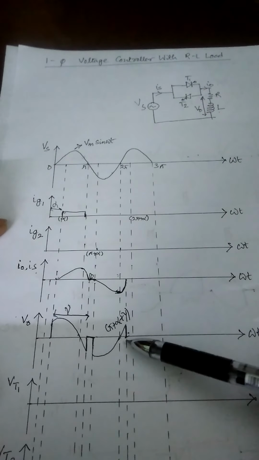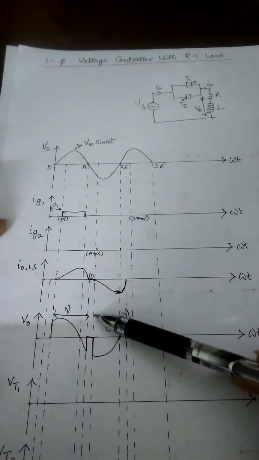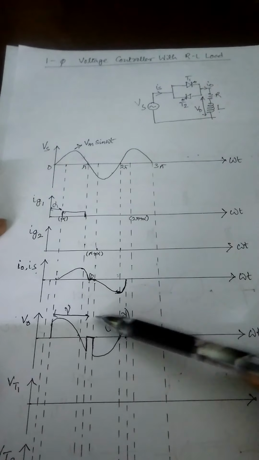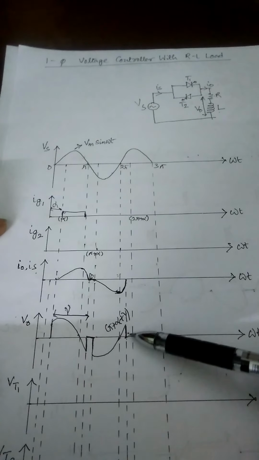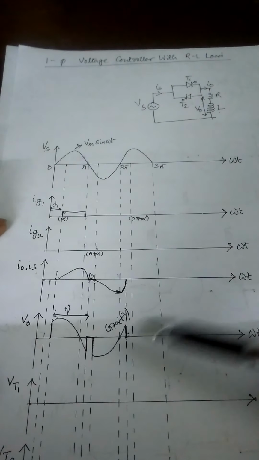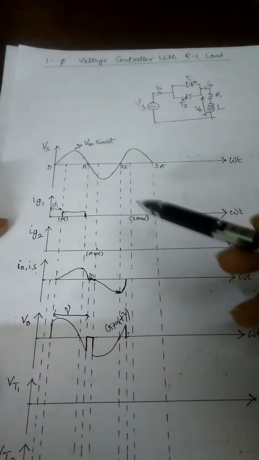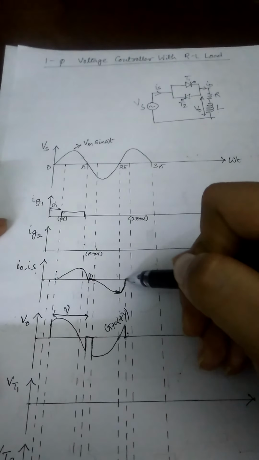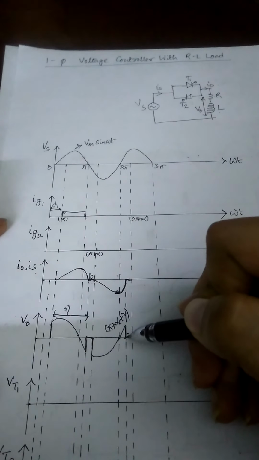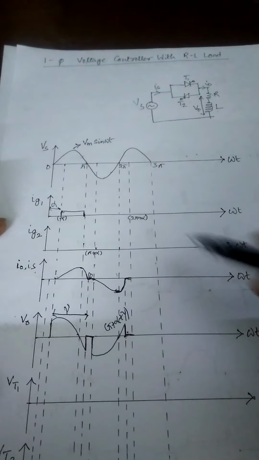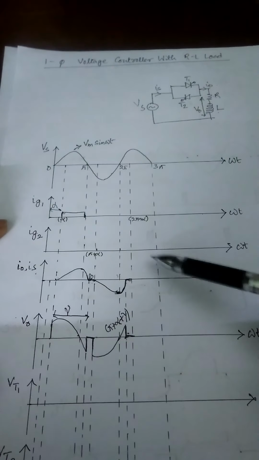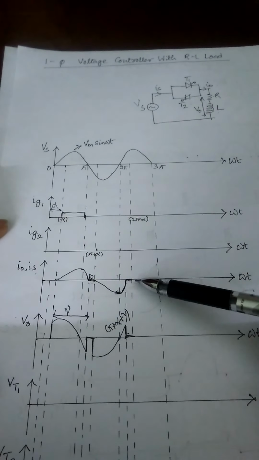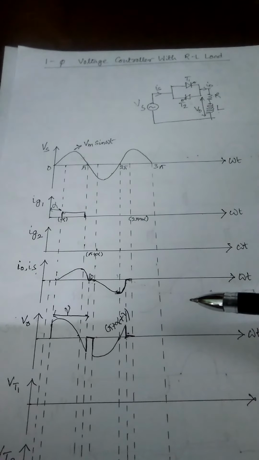So here it is pi plus alpha plus gamma, because from this to this the T2 thyristor conducts. Now after that, at the 2 pi plus alpha point, what happens? From pi plus alpha plus gamma to 2 pi plus alpha, there is no current and voltage across the load. Now at 2 pi plus alpha, again what happens?